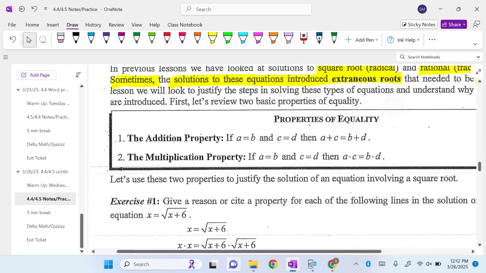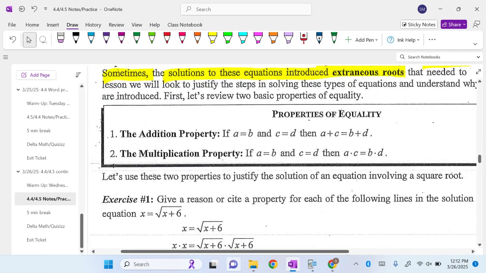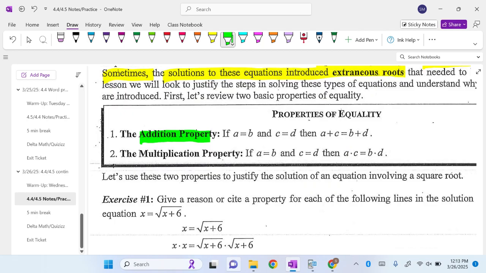So we're going to look at some basic properties of equality. The addition property is if you have a equals b and c equals d. So a and b are the same numbers, c and d are the same numbers. That means that a plus c would be equal to b plus d.